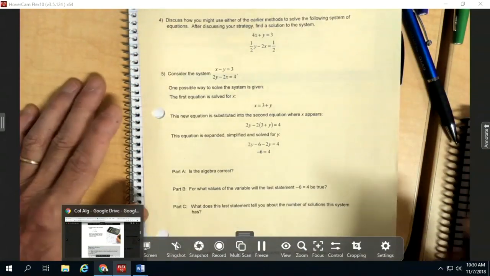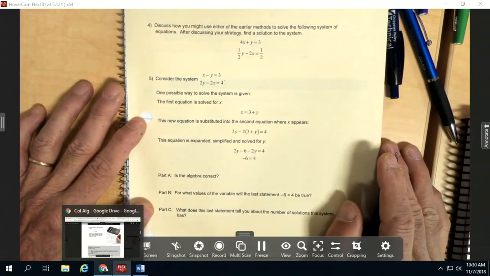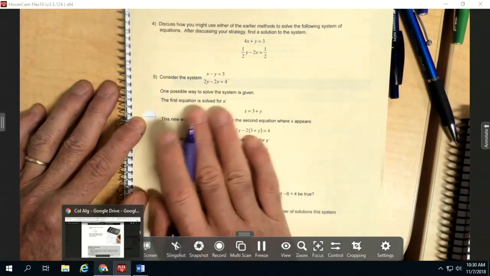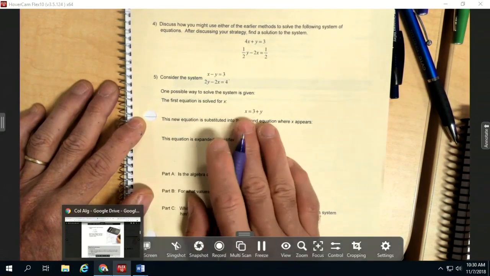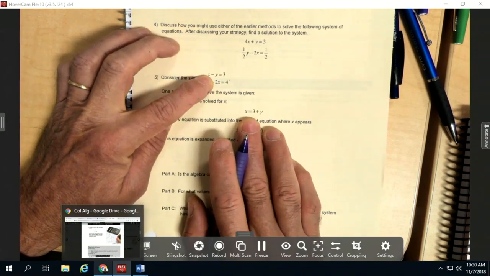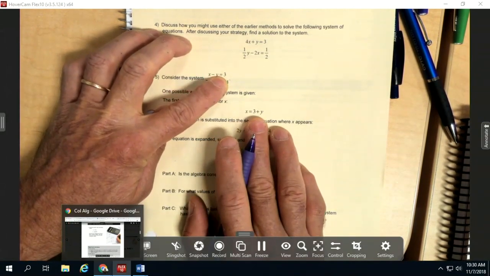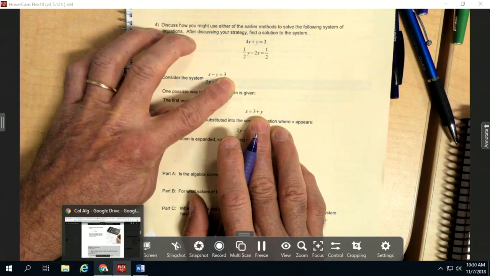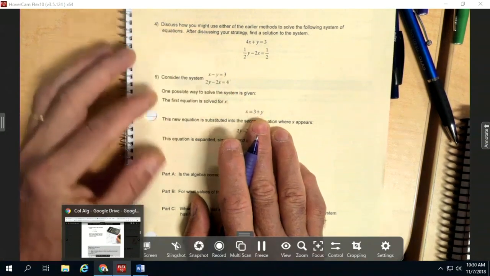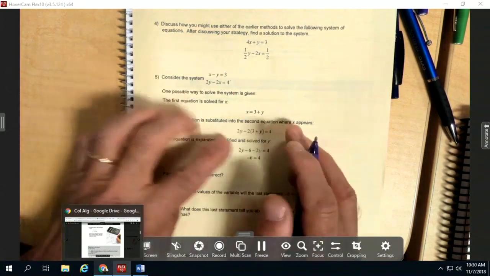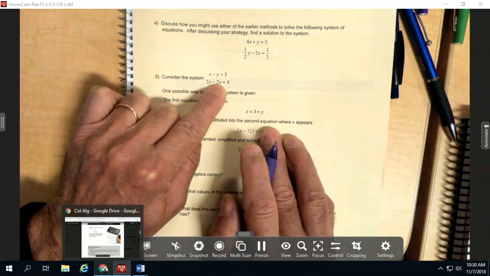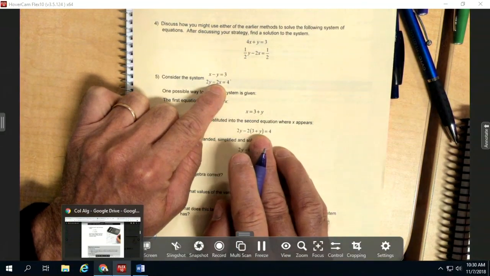Number 5, let's look at the problem. One possible way of solving this system is given. The first equation is solved for x. X equals 3 plus y. Everybody agree that's what they did? They just moved the y to the other side. Then they substituted in. Instead of writing x, they wrote 3 plus y.